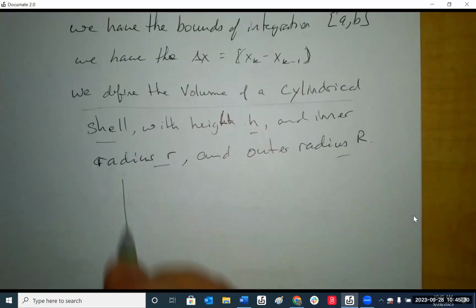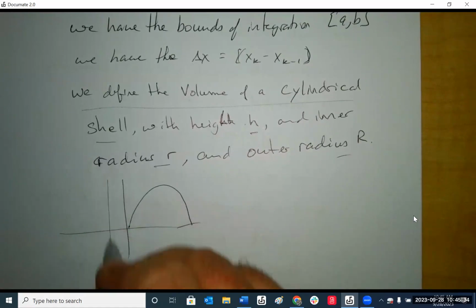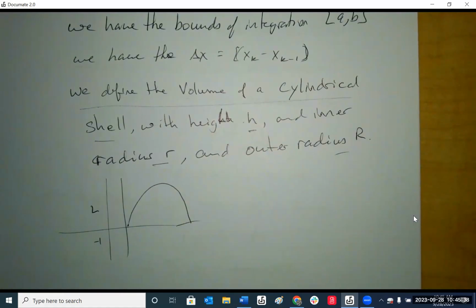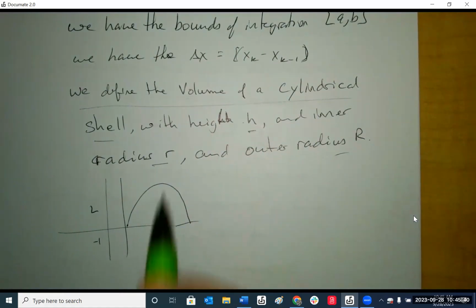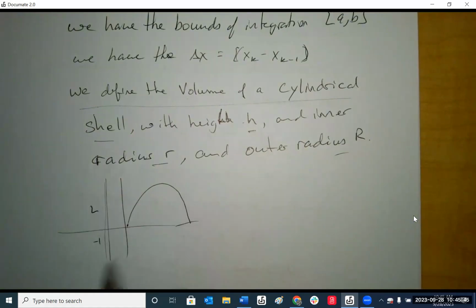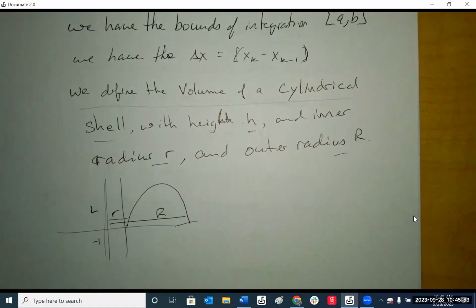So if we look at this, in our last example, this was L. From L, from this line here, this was little r. This is capital R, the outer shell, the outer radius.